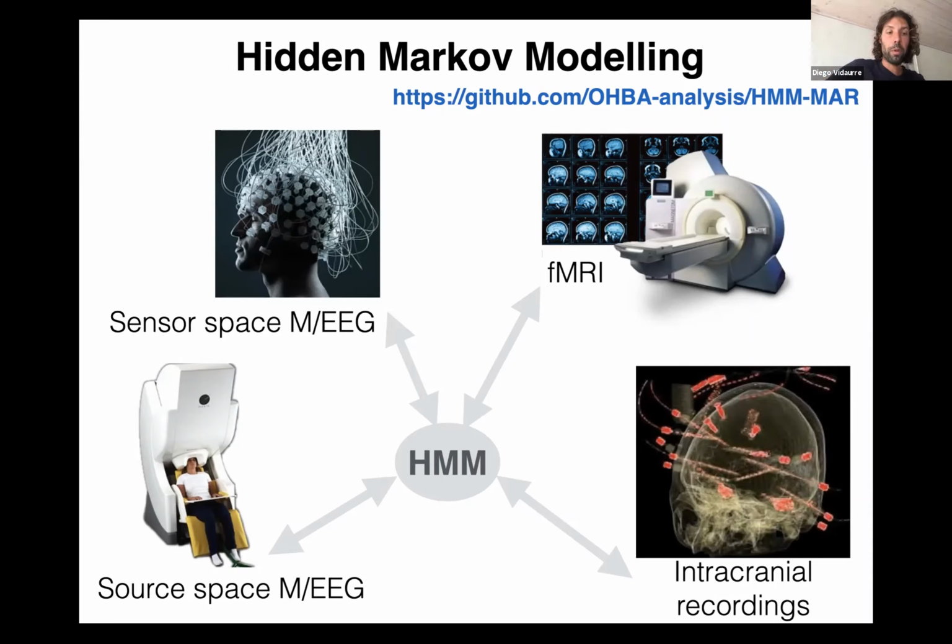So, talking about this, most of my work in these years has been developing different flavors of this approach for different types of data, and every type of data will have different answers to that question. In particular, I worked with human data mostly, but also a little bit of invasive electrophysiology in animals. Right.